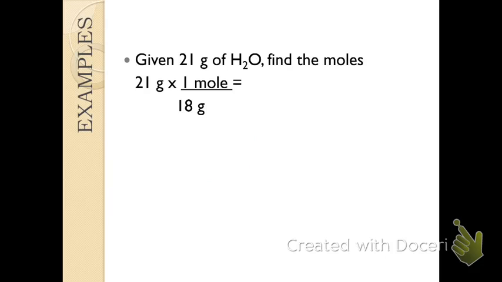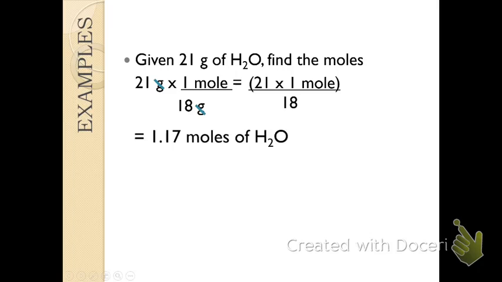When we do that, there we go. 21 divided by 18, which removes your grams, is going to give you 1.17 moles of H2O.